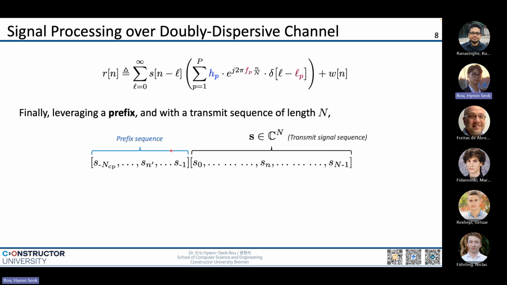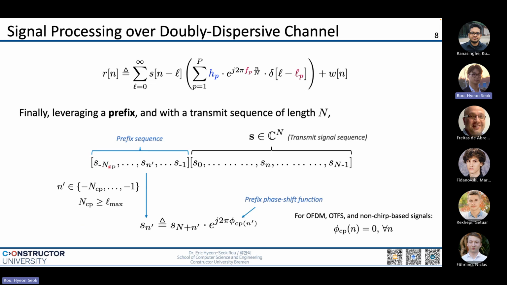We have some prefix of length N_CP, from s_{-1} to s_{-N_CP}. The first requirement is that the length of the prefix has to be equal to or larger than the maximum delay, to ensure this prefix wraps around correctly, even with the maximum delay of the transmit signal.